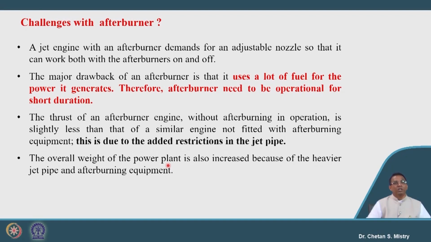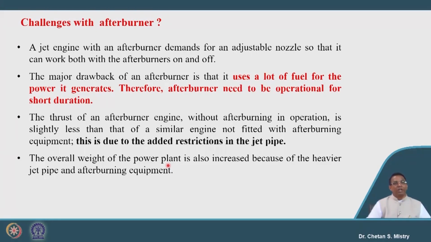Okay. Now, since my engine remains the same and is fitted with the afterburner, afterburner tailpipe and nozzle, when my engine is operating under dry condition, that is, with the afterburner unoperational, it is putting additional weight on my engine. Okay, and that is the reason we will have a loss of thrust.